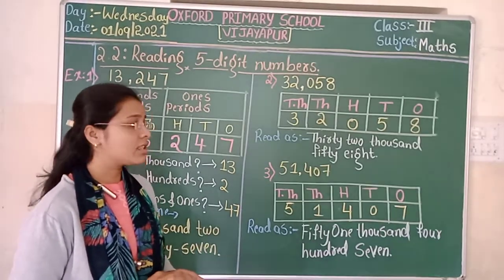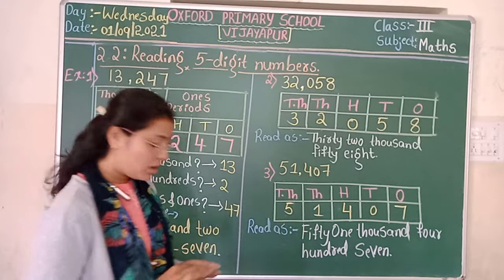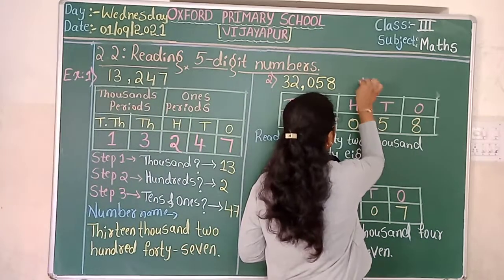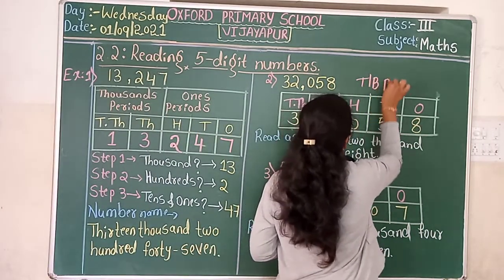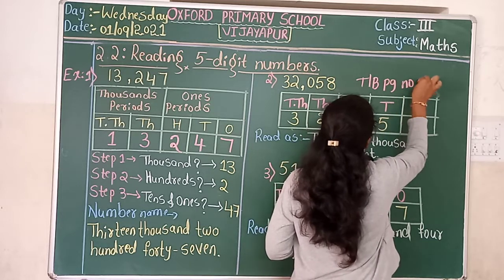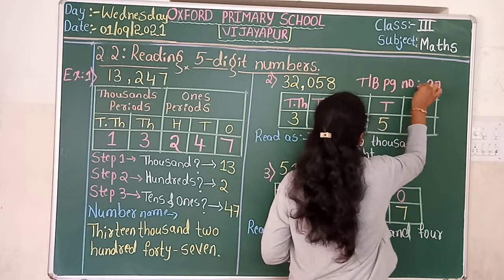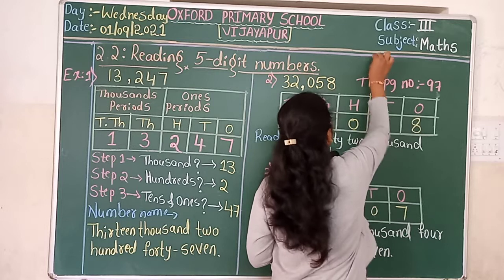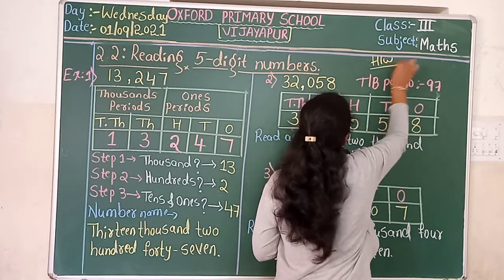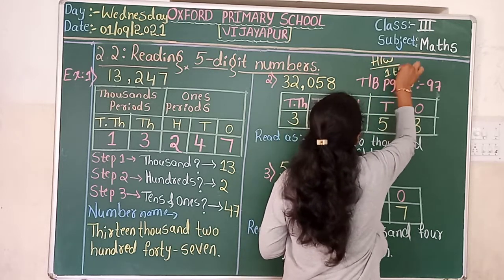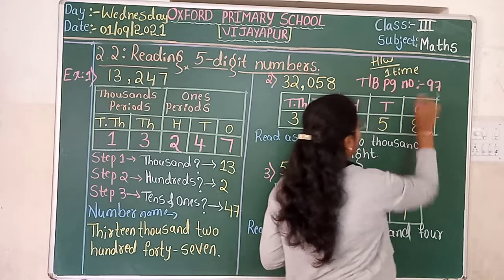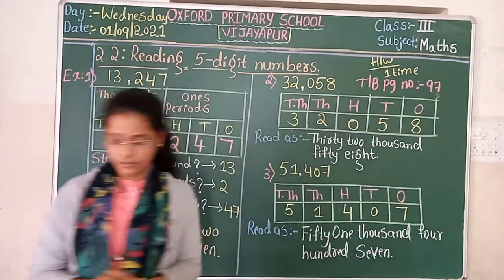We will see some more examples in the textbook. The page number 97. Before going to open this textbook page, what we have to do? You have to copy down these 3 examples in your notebook. Then open the textbook page number 97.